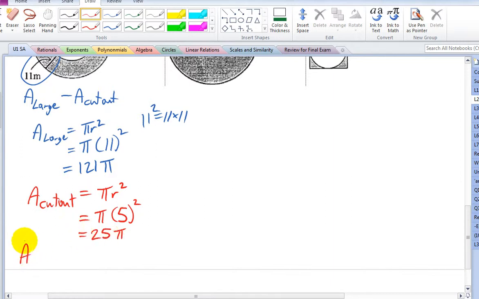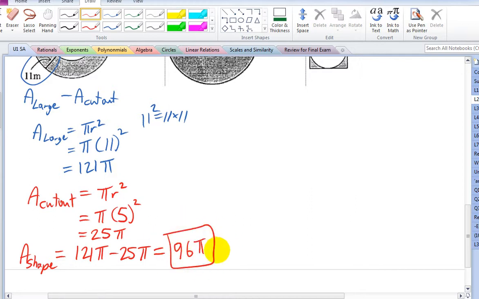Okay, area of the shape, or total area, that would be subtraction. 121 pi minus 25 pi. How many pi's do you have? 96 pi. There's your answer. Done. And that would be in meters squared.